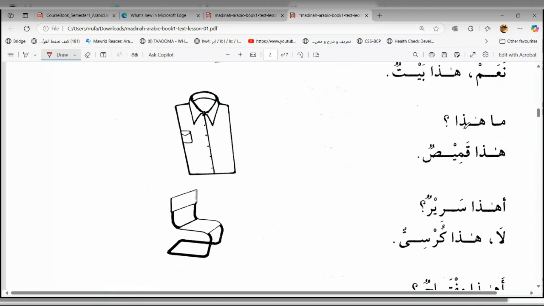So here we have "mahada", again the same structure. What is this? "Hada qamis." This is a shirt. "Hada sarir." Is this a bed? No. This is a chair.